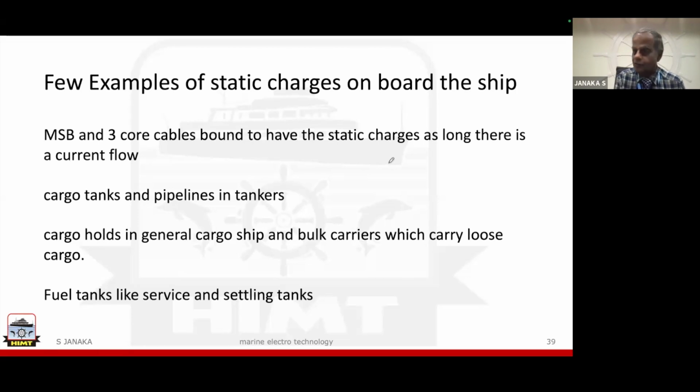Fuel tanks like service and settling tanks where the transfer of oil is taking place, I take the oil from the purifier and send it back to the service tank. These are all the places where the static charges will be there. Wherever the liquid is highly insulated, the static charges will store.